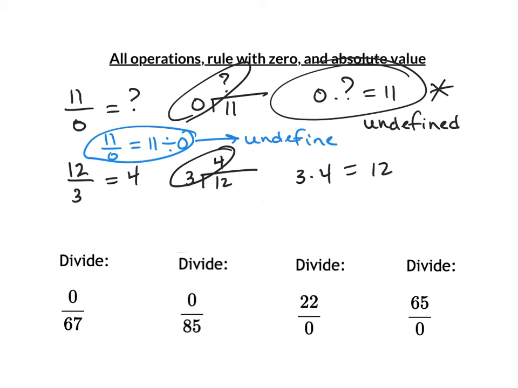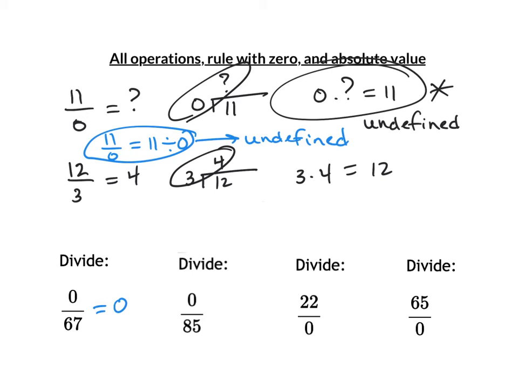So if 0 is second, if you're dividing by 0, your answer is undefined. If 0 is in the top, your answer is 0. And if you forget this, remember that your calculator can always figure this out for you. When you get an error, that's the undefined. If you get 0, of course, that's your answer. So in this one, the answer is 0.